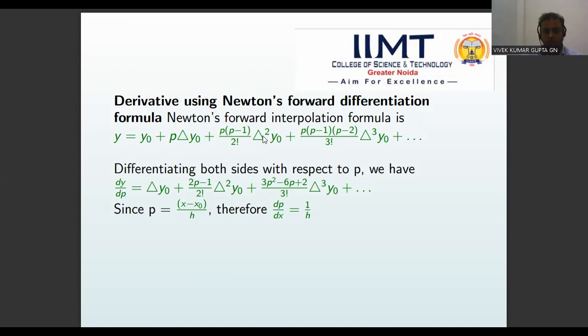All the del values are constants, so we differentiate only the polynomial in p. Since differentiation is a linear operator, it differentiates linearly in each term. Also, since p is equal to x minus x naught upon h, dp upon dx is equal to 1 upon h.